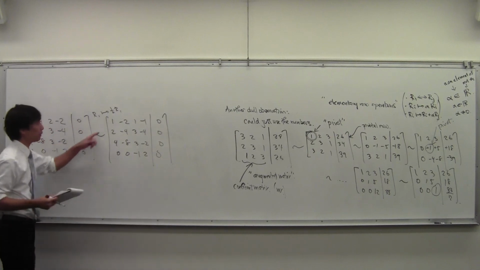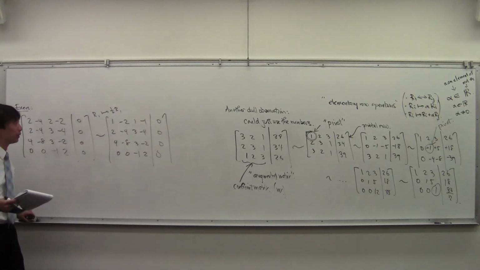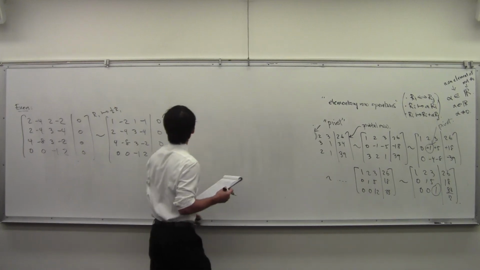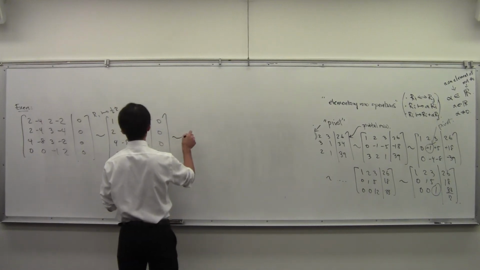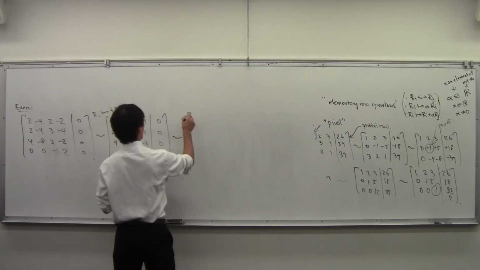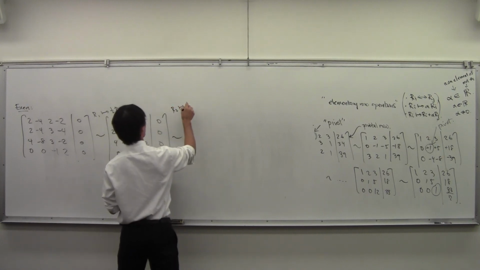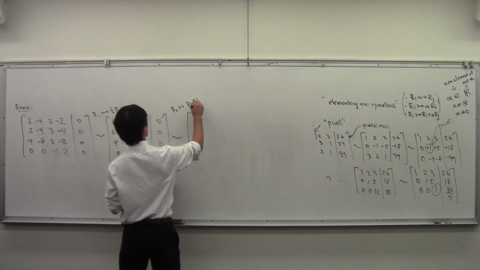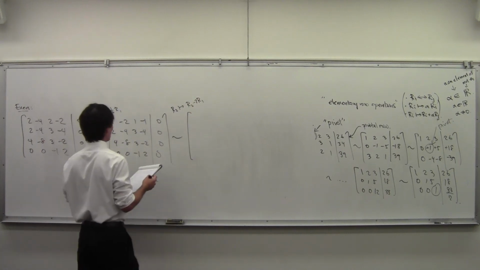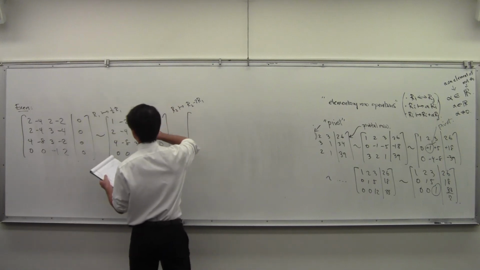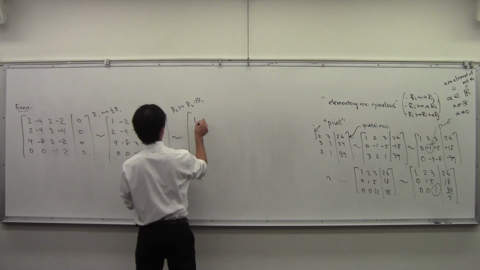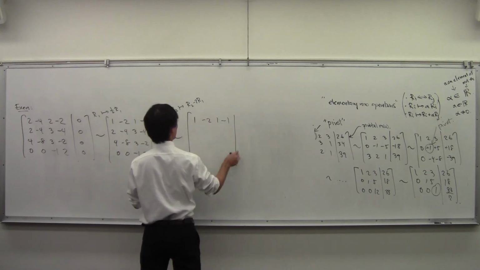Now we've got the pivot, and so we use it to clear out. So you say, I'm going to take row 2 and turn it to row 2 minus twice row 1. Maybe I should have cleared it out while there was still 2. Anyway, it doesn't matter. So 1, -2, 1, -1, 0.